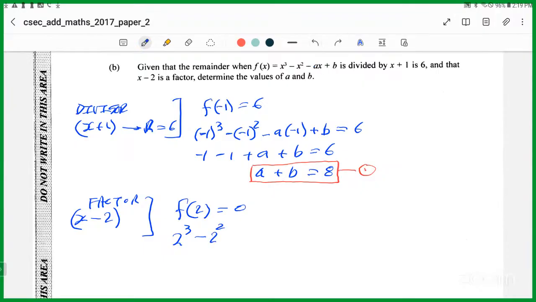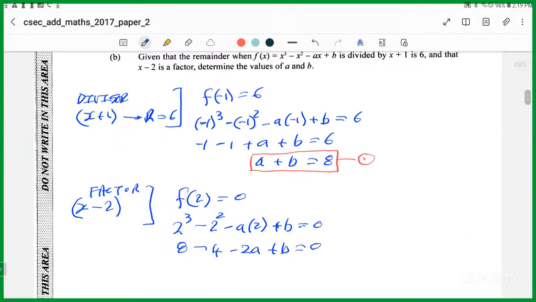Then 2 here becomes minus a times 2 plus b, and that's all equal to 0. That's what this equation becomes. Simplify. This is 8 minus this is 4. This becomes minus 2a plus b equals 0.